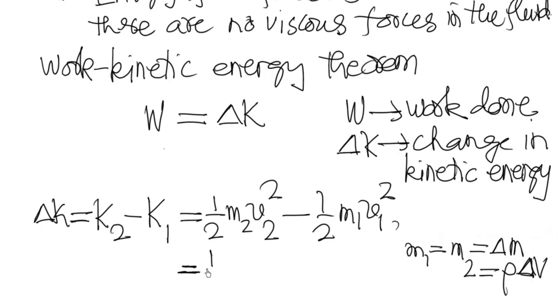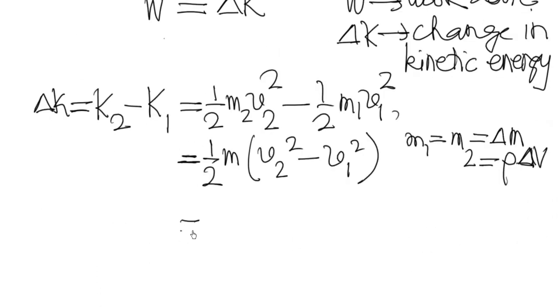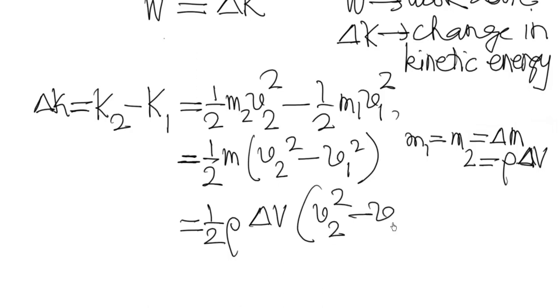So we can write this as 1/2 M, and this is V2 square minus V1 square, which is half rho delta V into V2 square minus V1 square. So this is our delta K.